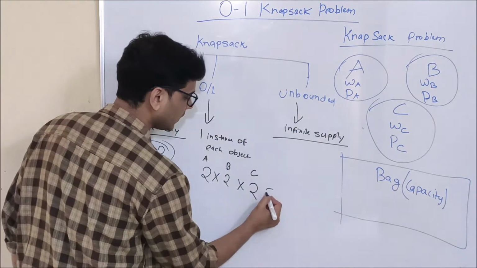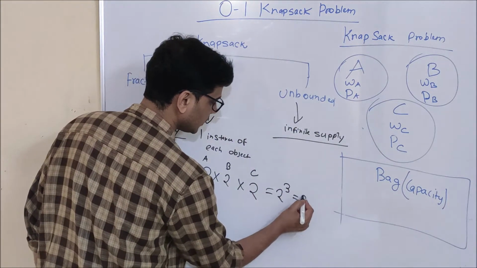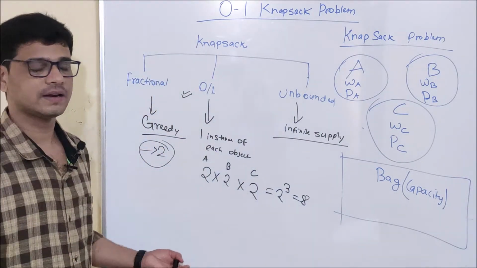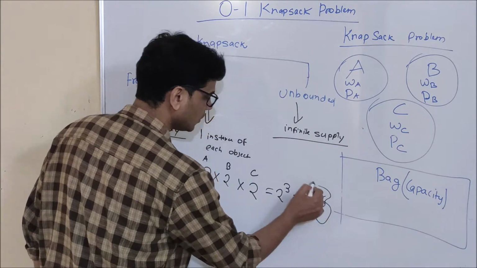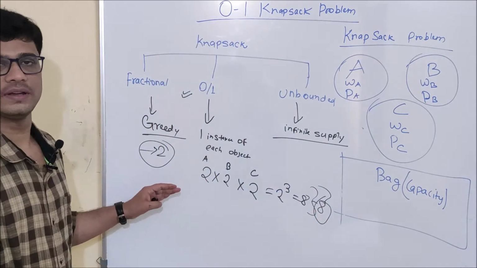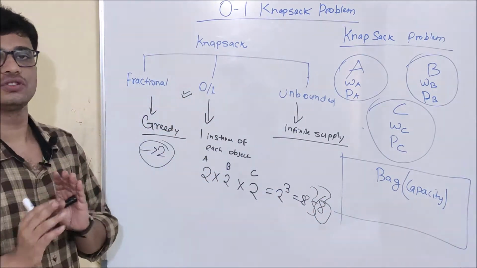So in total, we will have 2 to the power 3, that is 8 options. And what are we going to do after that? These are the 8 options. What I am doing right now is showing you the brute force solution.